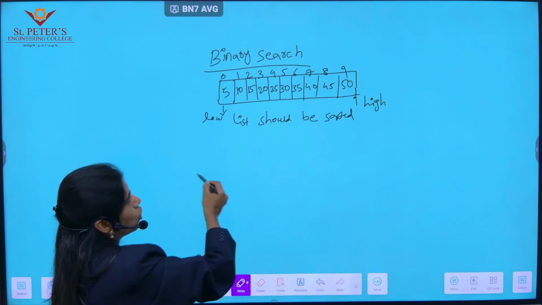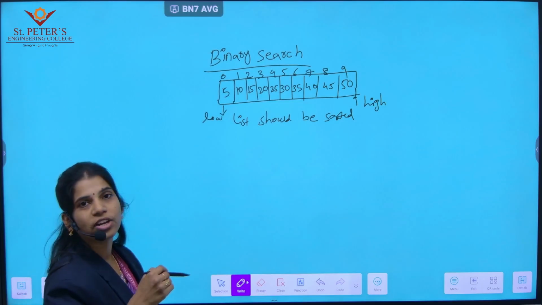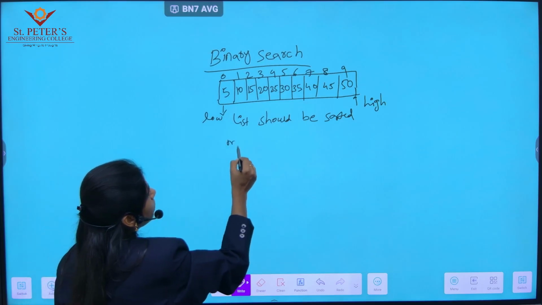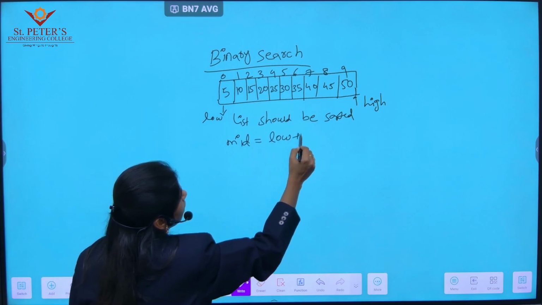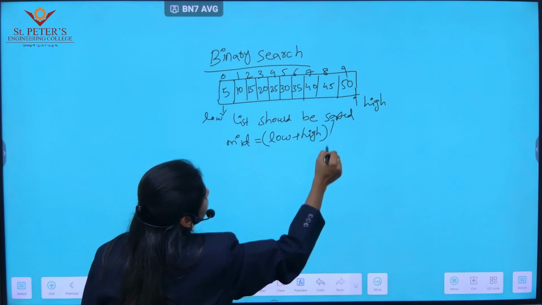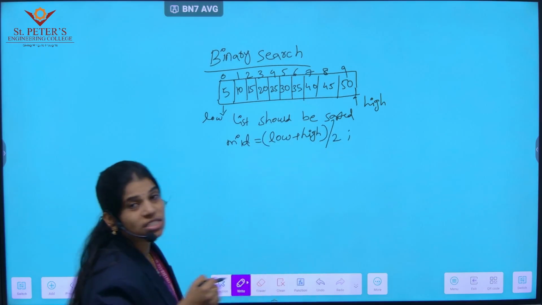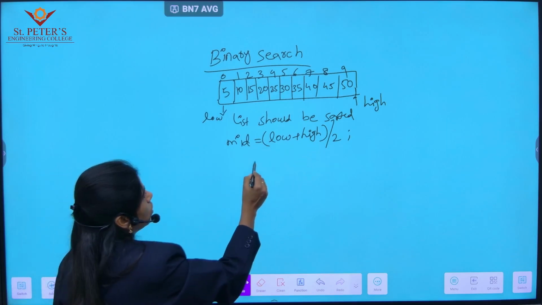After getting the low and high values, I am going to calculate the mid value. The formula is low plus high by 2.